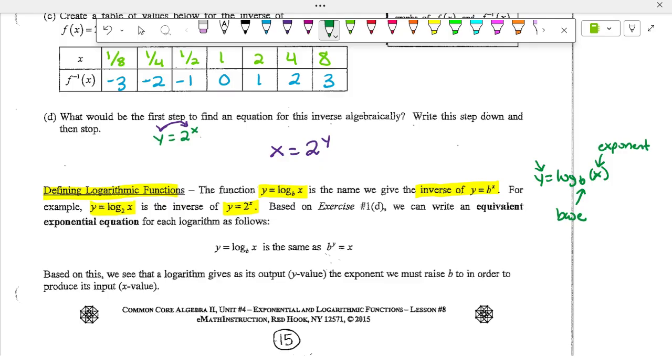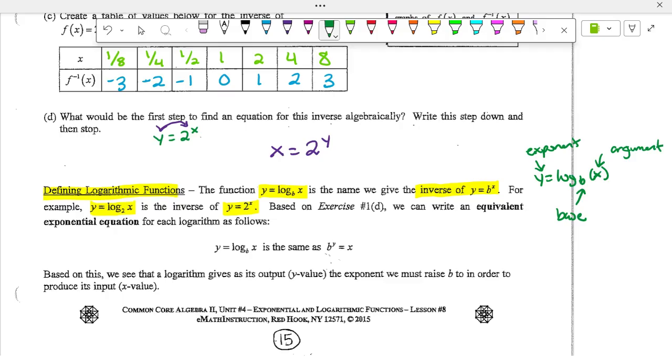And this number that would go right here is what we call our argument. Actually, no, I completely lied. I flip-flopped these. My bad. That's exponent. That's argument. Sorry.